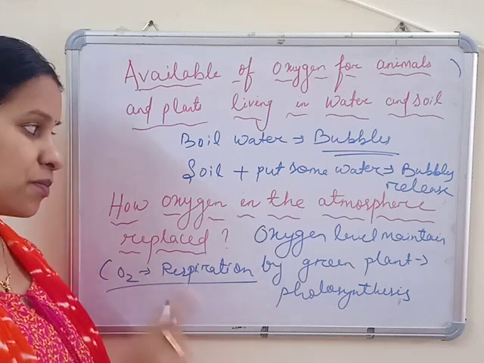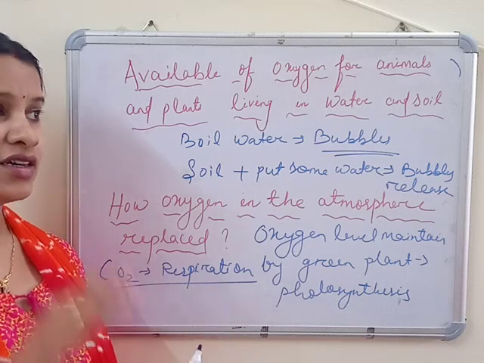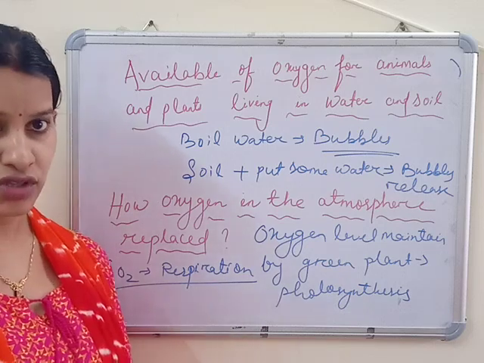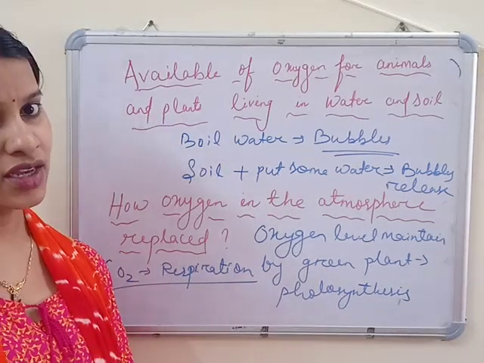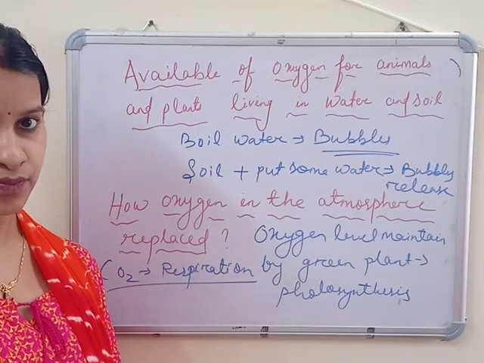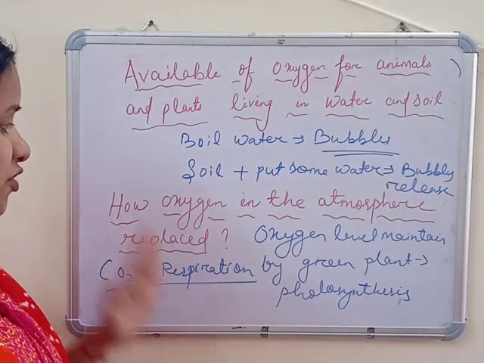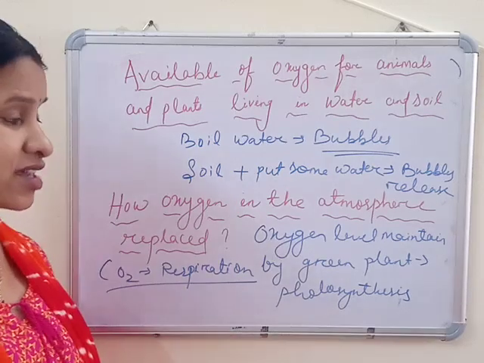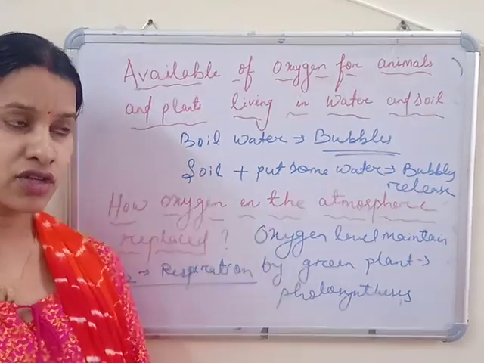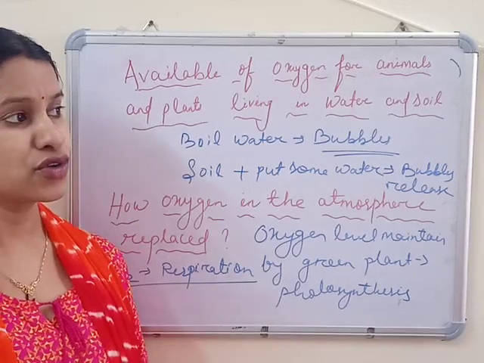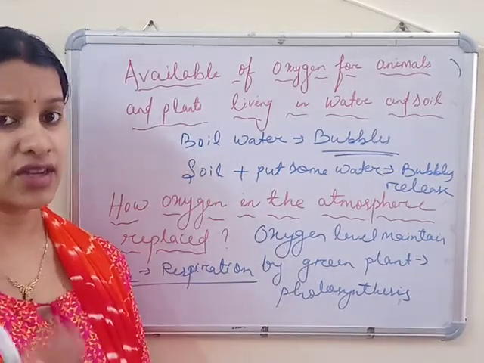This is how plants and animals are interdependent on each other to maintain the air composition, so that every living organism can be sustained equally without any problem. So oxygen is replaced or refilled only by the process done by green plants. That is why we say plant more and more plants, because more and more oxygen will clean our air and make the air good and fit for us.